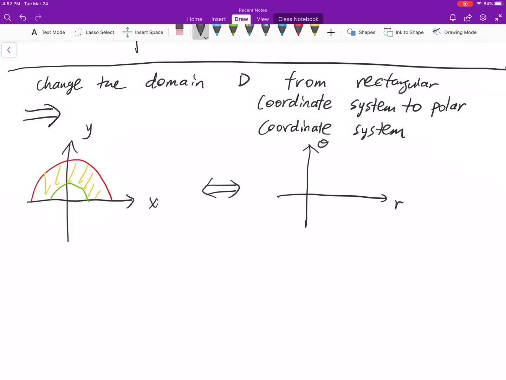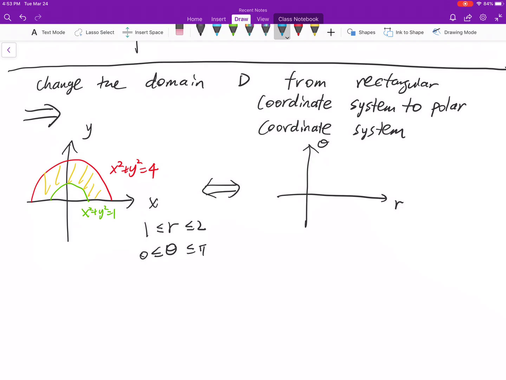Notice that here x squared plus y squared equals 4, and also this one is x squared plus y squared equals 1. Therefore, r is between 1 and 2, and theta is between 0 and pi. And then you can draw the picture here.